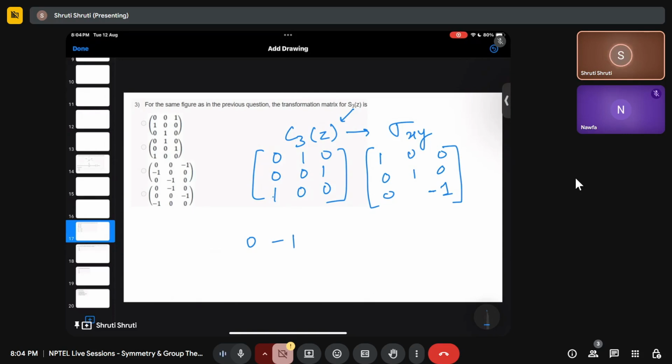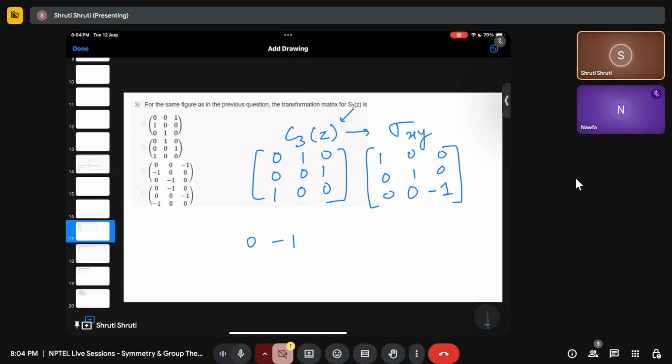Third element will be first row, first column, second row, second column, third row, third column, like that. So first row, first column, 0, 0, 0. Answer is 0. 0, 0, 1 into 0, 0.